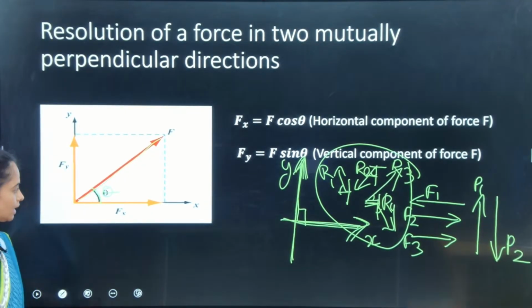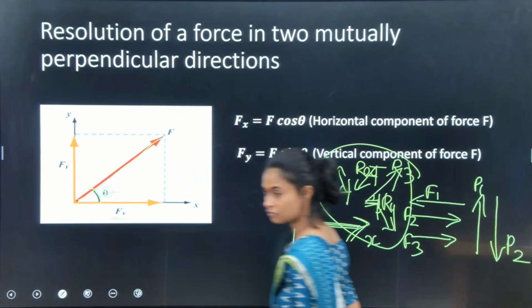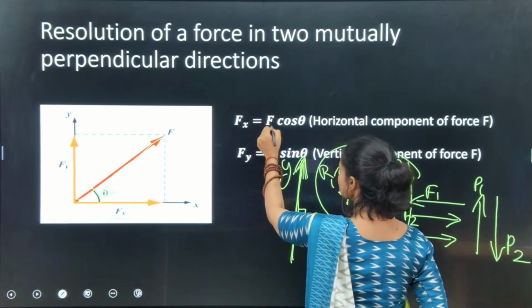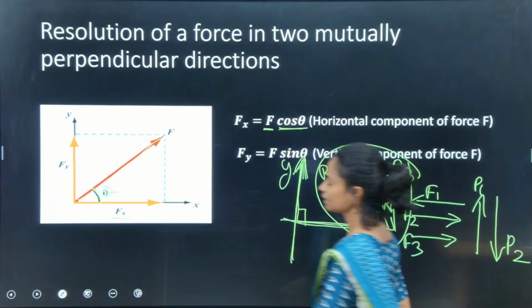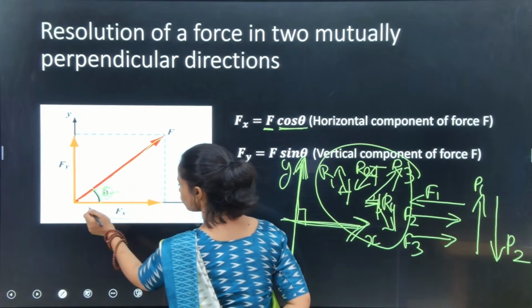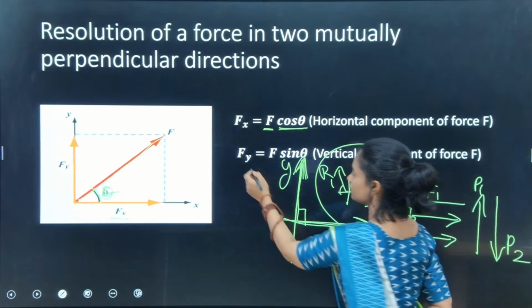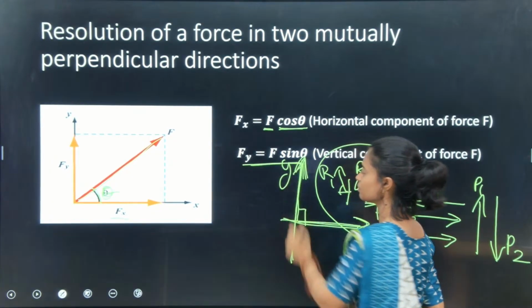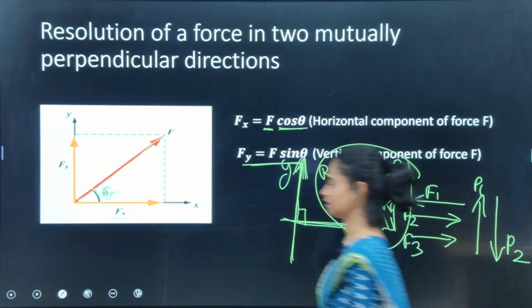The magnitude of the horizontal component will be the magnitude of the force multiplied by cos theta, where theta is the angle of inclination between the force and the horizontal, right? And the vertical component of the force will have the magnitude of force into sine theta. Clear?